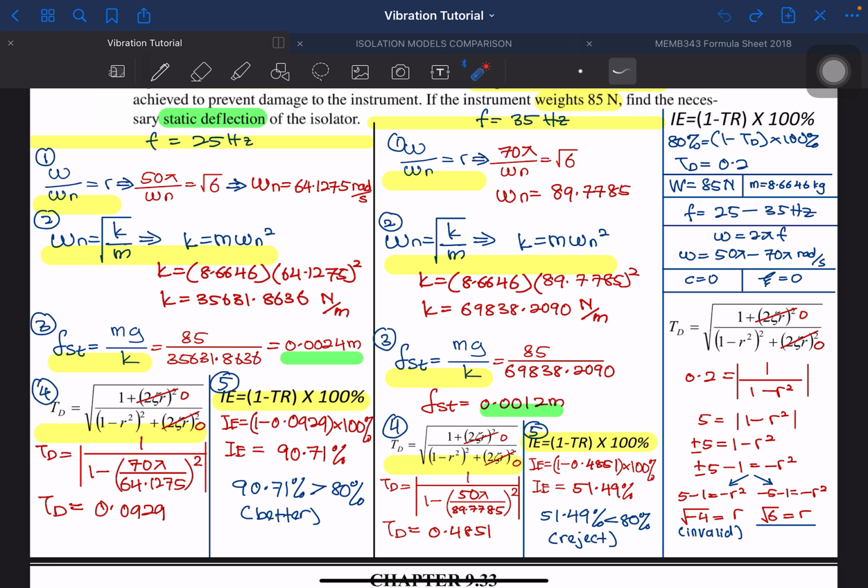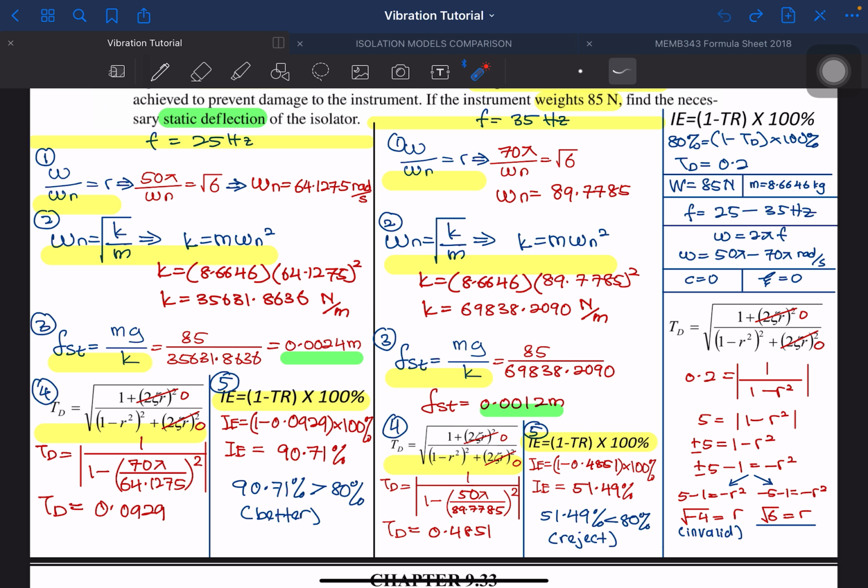Let's say for frequency 25 hertz, the omega n is 64, so I use 64 here. The formula is 1 over 1 minus r squared. The omega n on the left side is 64, so the omega n is fixed according to the respective frequencies. Omega n 89, I use 89 also.